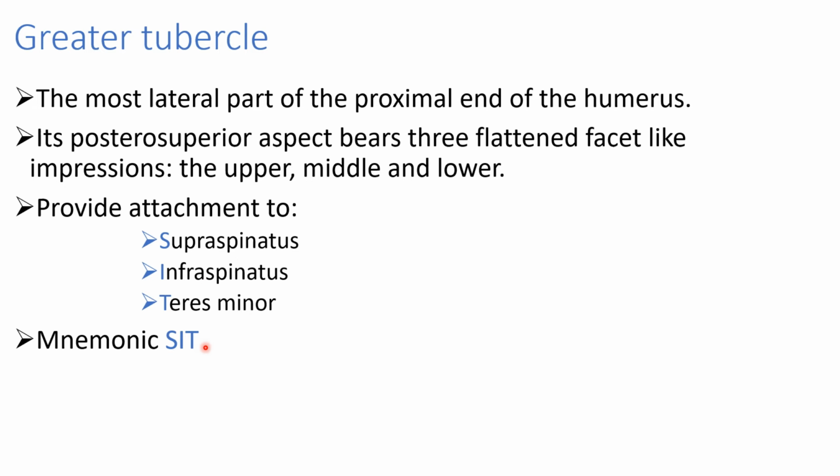The mnemonic here is SIT, S-I-T. Supraspinatus at the upper impression, infraspinatus at the middle impression, and teres minor at the lower impression. So the three rotator cuff muscles, the SIT muscles, are attached at the greater tubercle of the humerus bone.